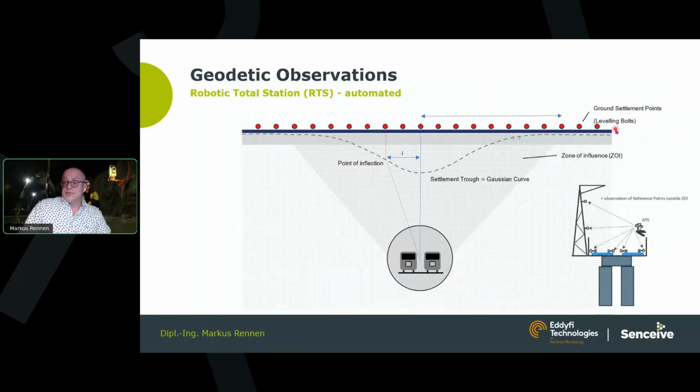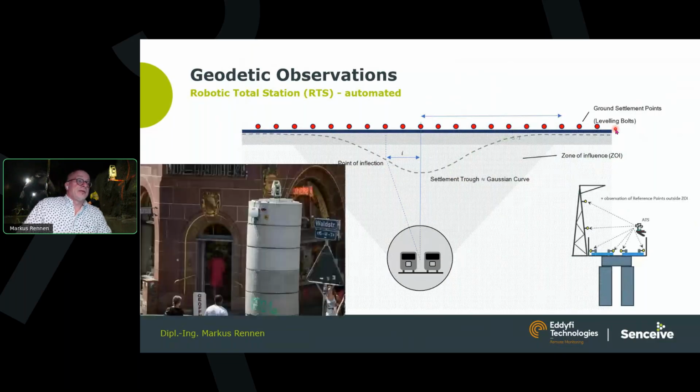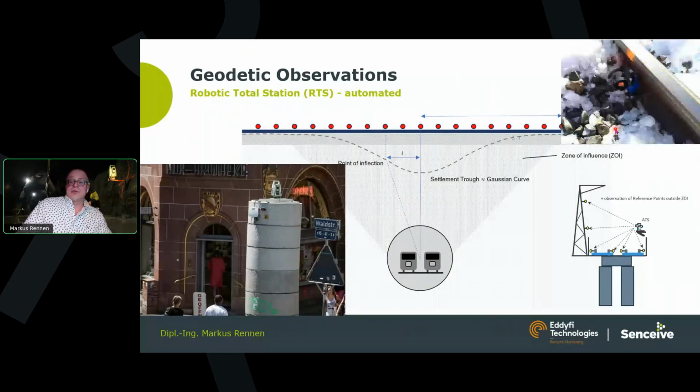That could happen, of course, by classic geodetic total station observations, like here. This is in Karlsruhe, where we observed the buildings. Underneath there was a tunnel boring machine running, and we observed the buildings in the vicinity, in the area of impact. But it's obvious that for these kinds of observations, one requires the line of sight.